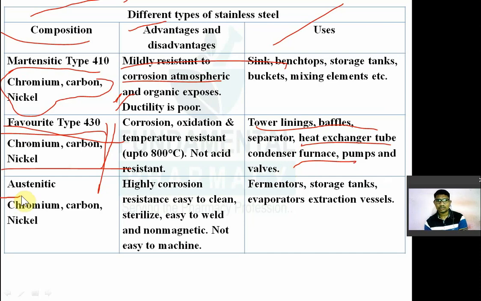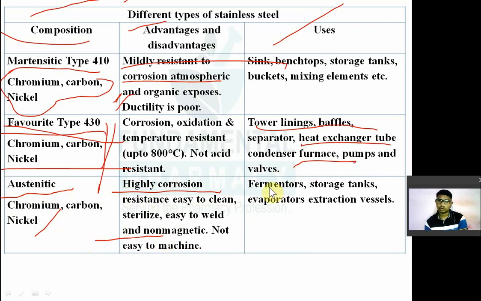Then the next one is austenitic type of steel. In that you have chromium, carbon and nickel. It is highly resistant to corrosion, easy to clean, easy to sterilize, easy to weld and non-magnetic, so it does not have much magnetic property either. It is easy to clean and sterilize, but not easy to mold or machine.